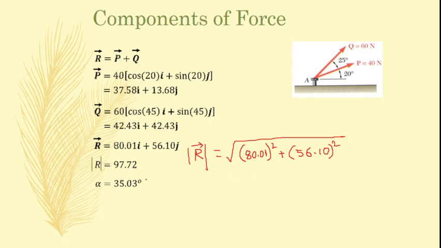We actually get this thing by alpha is equal to, for this two-dimensional case, we can write tan inverse of the coefficient of y direction, that is 56.1 divided by 80.01.